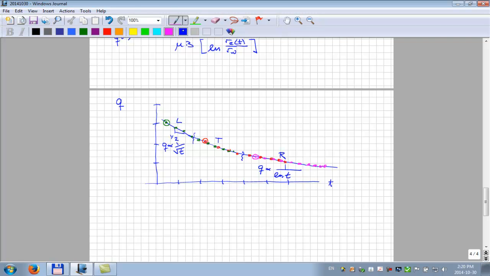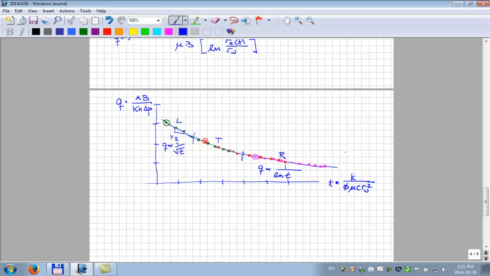But if instead of plotting just rate, I plot kh delta P over mu B, like that, and we use the same multiplier here, times k over phi mu c r_w squared.